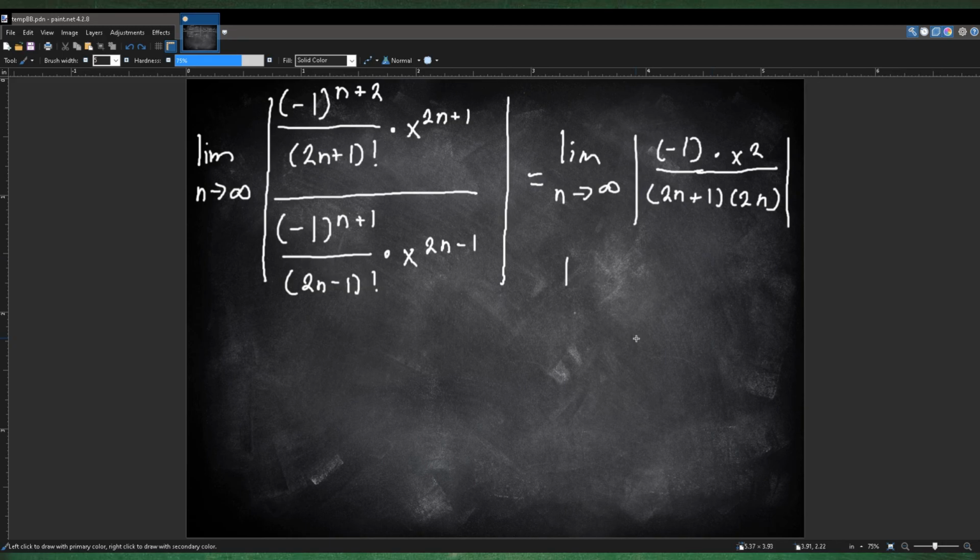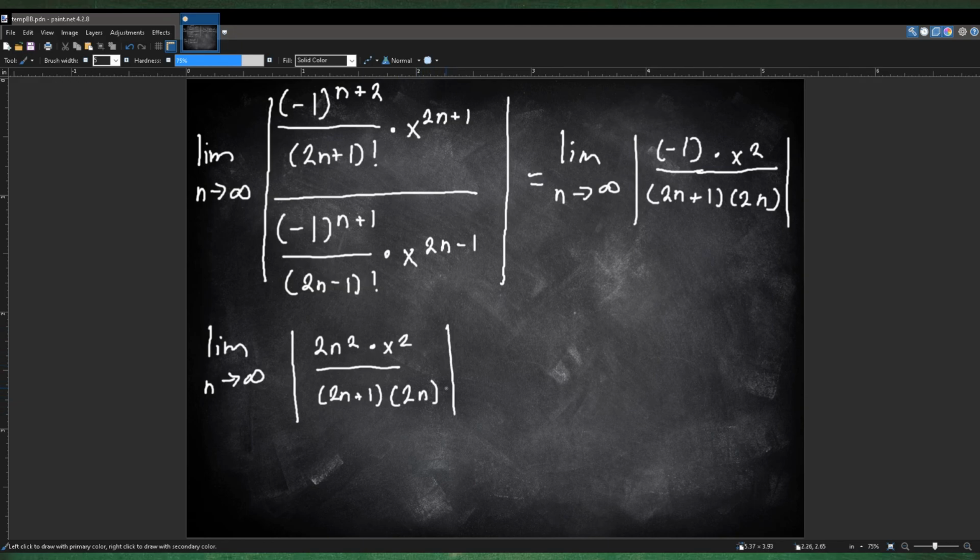So let's try this, not for sine of x, but let's say we have the limit as n approaches infinity, and let's say instead of this, it's something like the absolute value of 2n squared on top, times x, and then we divide it by 2n plus 1 times 2n, right?